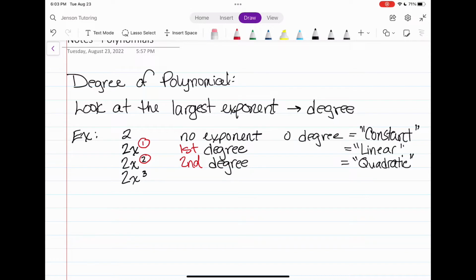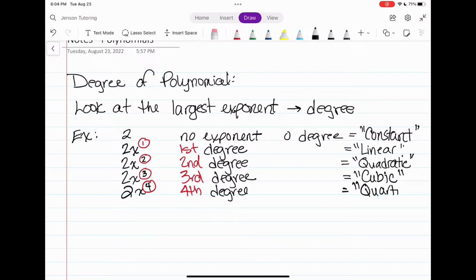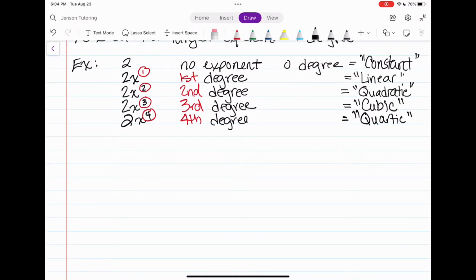Then the next one would be 2x cubed, so anything to the third power would be a third-degree polynomial, which is what we call a cubic function. And then something times x to the fourth would be a fourth degree, which is what we call a quartic, and so on.